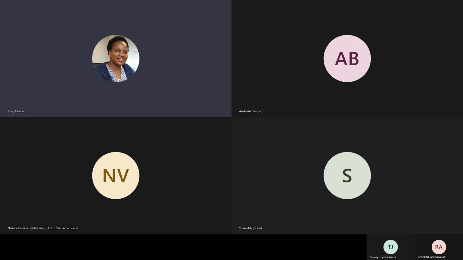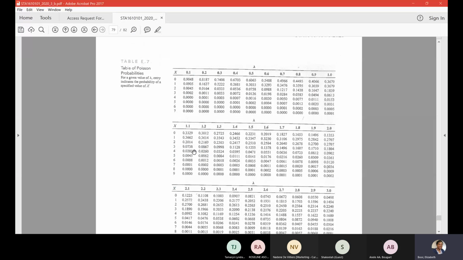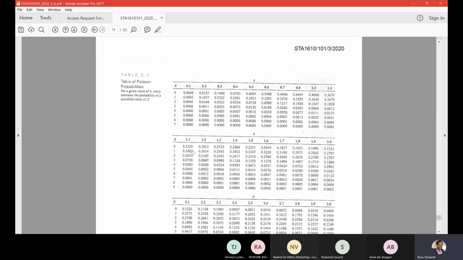So this is your Poisson distribution table. It looks like this. It is broken down by the lambda values. So you can see that your lambda value starts from 0.1 until 1, and it has its own corresponding x values.